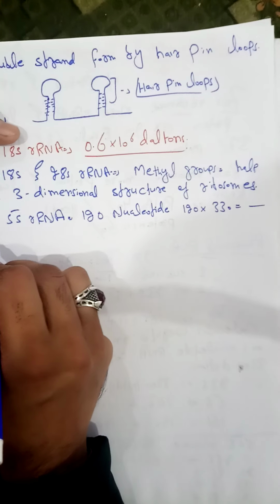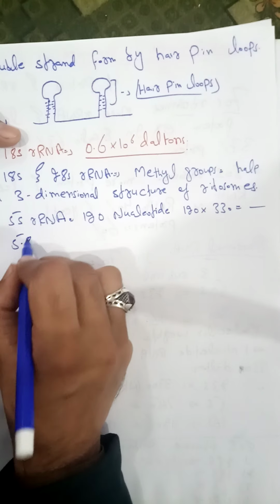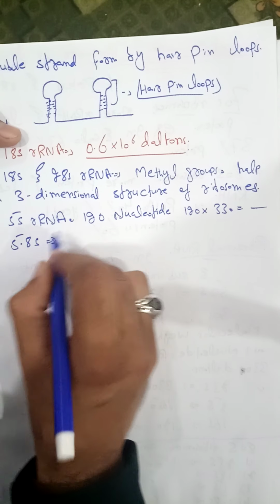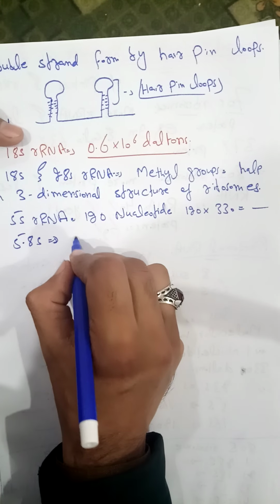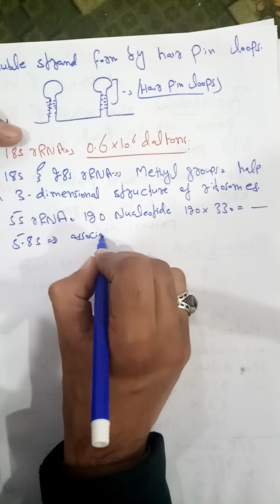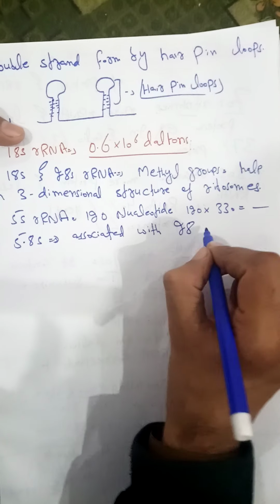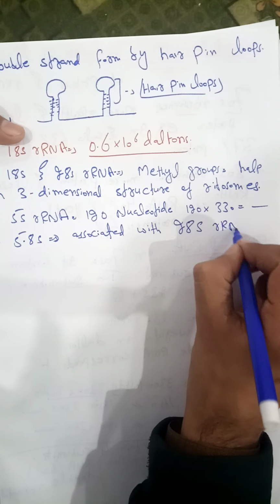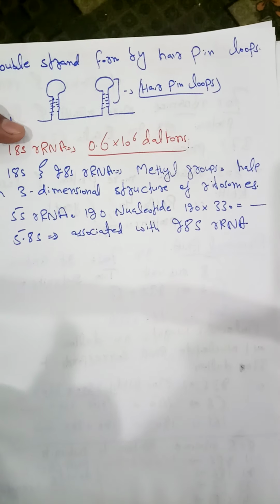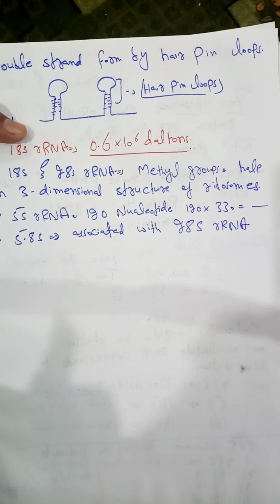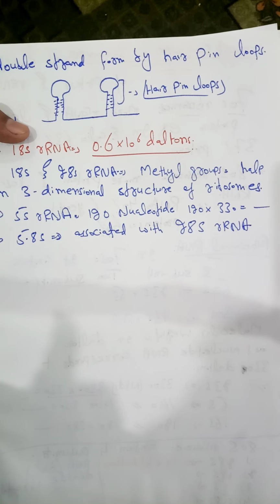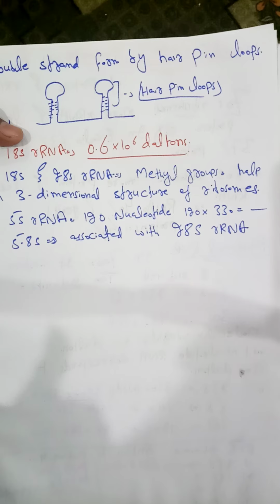The 5.8S is assumed to be associated mostly with 28S ribosomal RNA. So these are the subunits of the ribosomal RNA: the 28S, the 5S, the 5.8S and 18S.